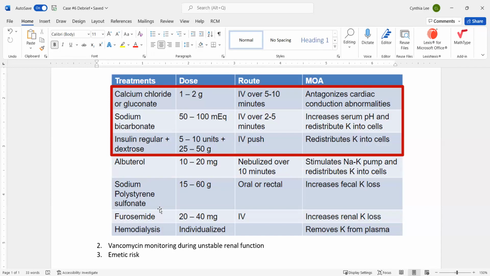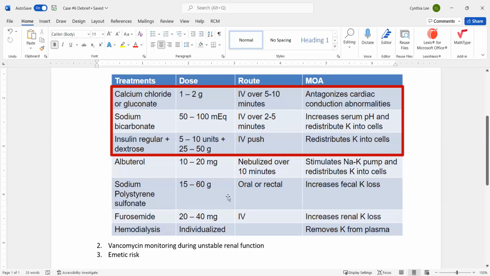What they do is bind to the potassium in the food that they take. So a lot of times it only works when somebody is eating meals, and you administer it with the meals essentially. Lastly, if they can't make urine and can't take PO, as a last line, they might even do hemodialysis to get rid of the potassium.